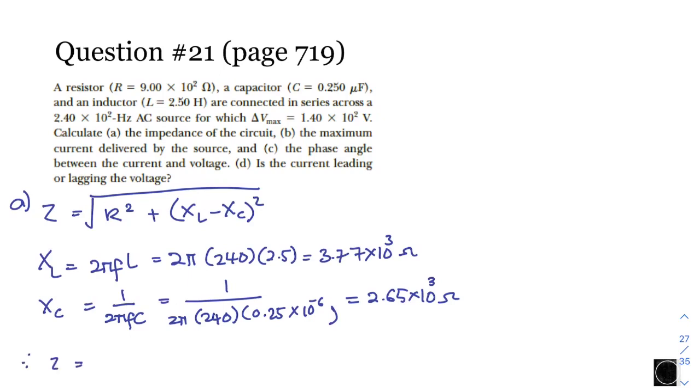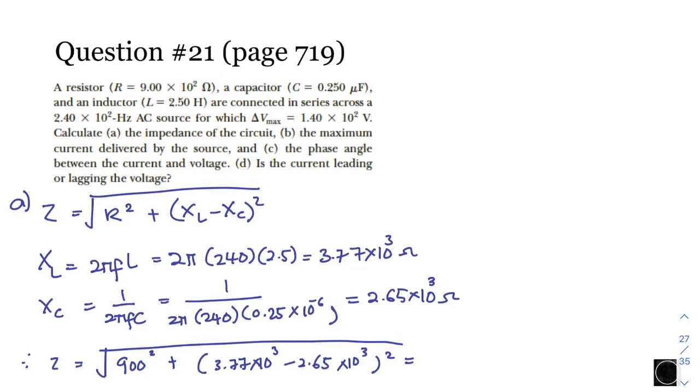Therefore finally your Z is equivalent to the square root of 900, your resistor, squared, plus XL, 3.77 times 10 to the power of 3 minus 2.65 times 10 to the power of 3, then square everything. You will get your answer as 1.44 kilo ohm. That is for A.